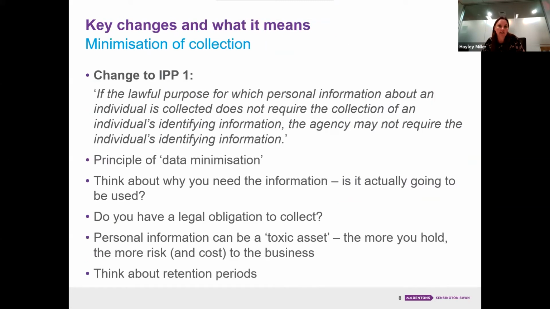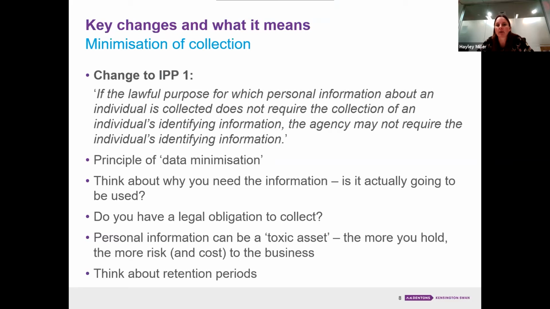So another one of the changes is around IPP1. And obviously, this seminar assumes that you're reasonably familiar with the IPPs as they have been for the last 20 plus years. But you'll see the change to IPP1.